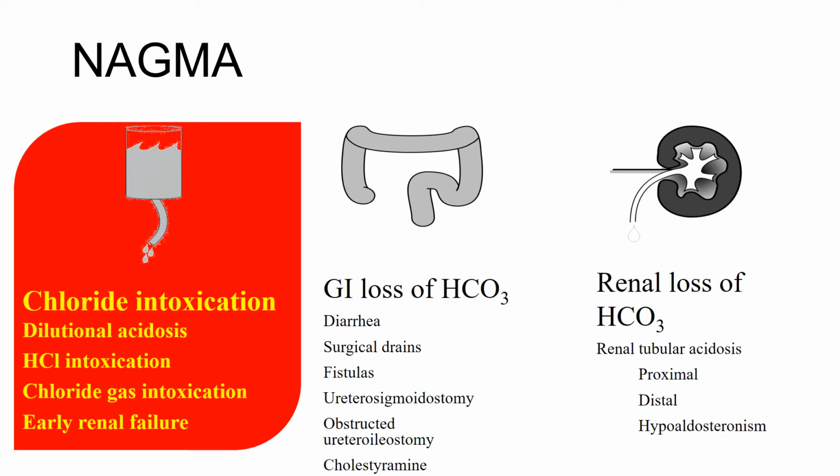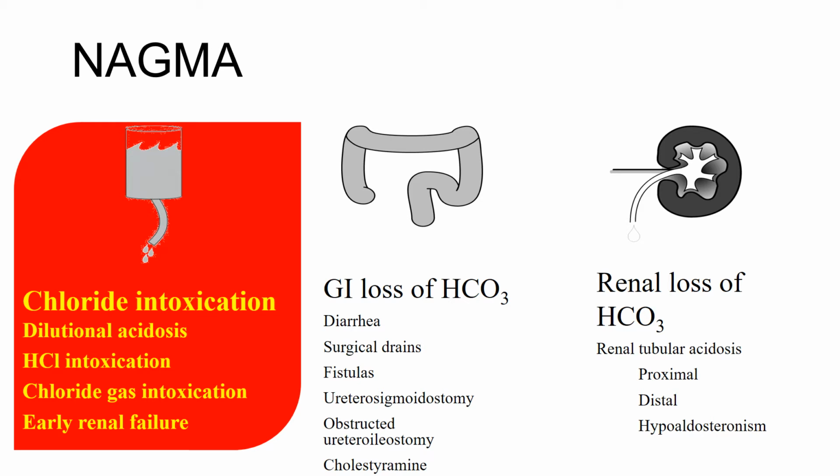So your bicarbonate levels will be low, your chloride levels will be high, and it'll appear as if the patient has a metabolic acidosis, when in reality the patient has a respiratory alkalosis, and the only way of getting that diagnosis would be an ABG and looking at what the serum pH is.